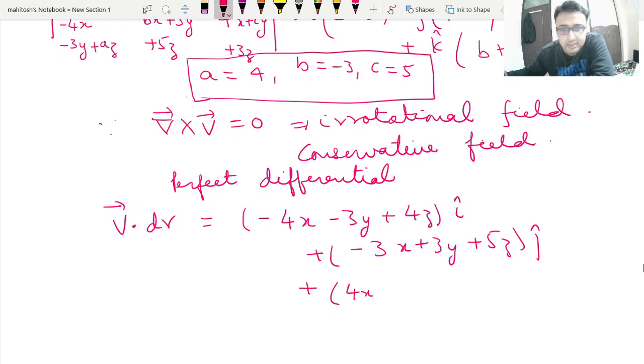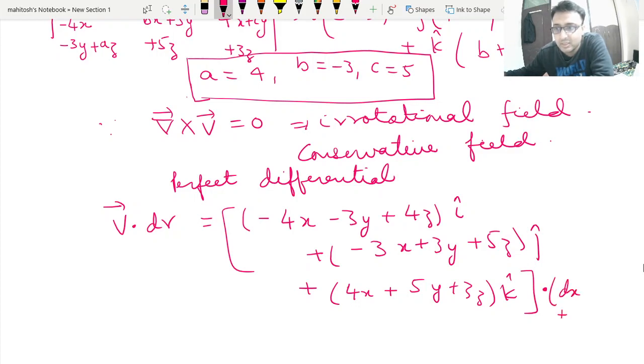This is 4x plus c value is 5y plus 3z k cap. So this is your V, and I am doing with dr, that is dx i cap plus dy j cap plus dz k cap.